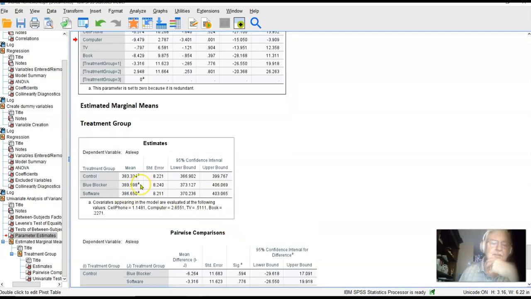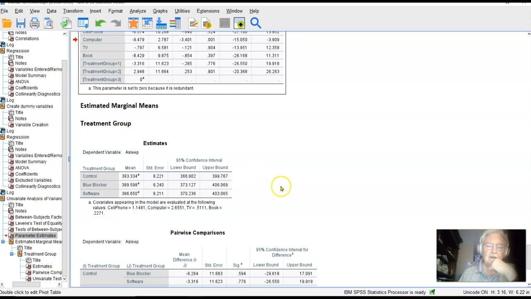And these estimates are the mean number of minutes of sleep for each of these groups. We can see there's not very many minutes separating them. 6 minutes for control versus blue blockers. 3 minutes versus control for software.